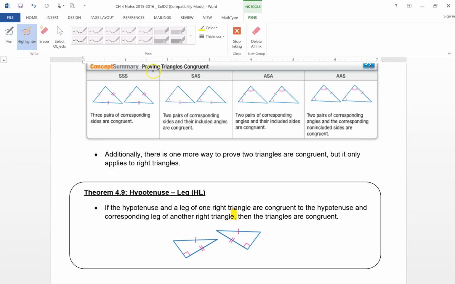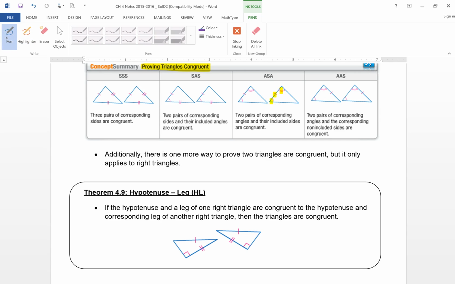Okay, so here is a summary of how to prove triangles congruent. So we learned about SSS, SAS, ASA, AAS, and you've got a really good summary with diagrams too. It's a good idea to just have this diagram somewhere handy. You can look at it. They do a good job of putting down these configurations here.